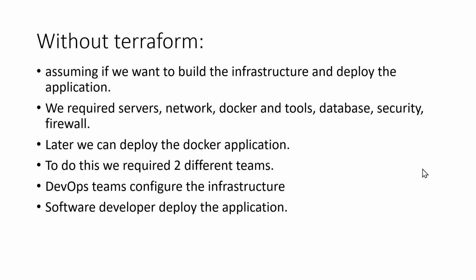Once it's ready and we get approval, we thereafter deploy our services over Docker using the Docker app, right? So to develop and manage a simple web application, we require two teams with a lot of money as well as time, complexity, everything. We required one team to configure all the infrastructure and one team to develop and deploy the application. All right.